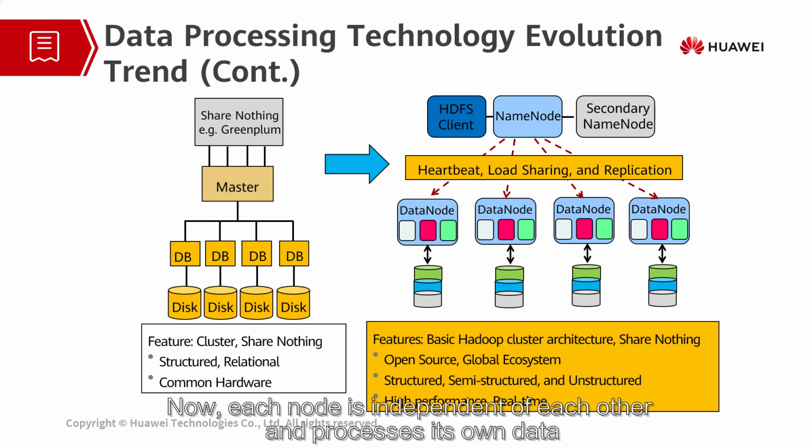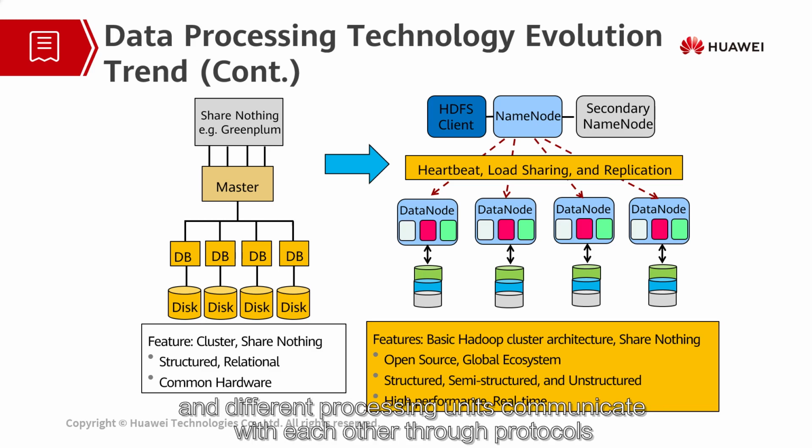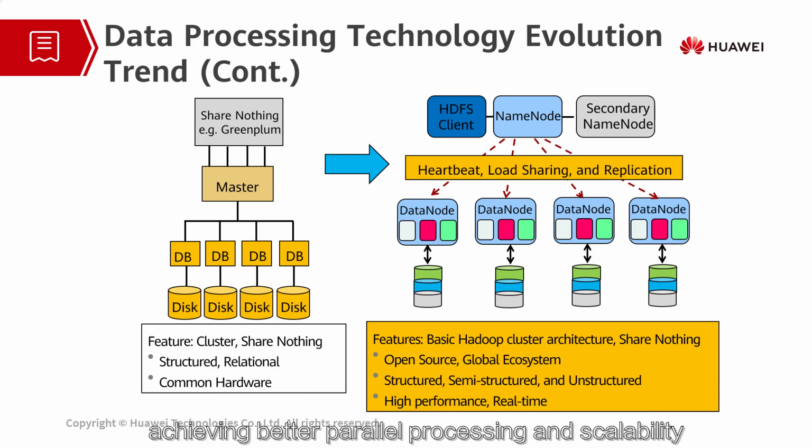Now, each node is independent of each other and processes its own data, and different processing units communicate with each other through protocols, achieving better parallel processing and scalability. In short, it does not share resources anymore.